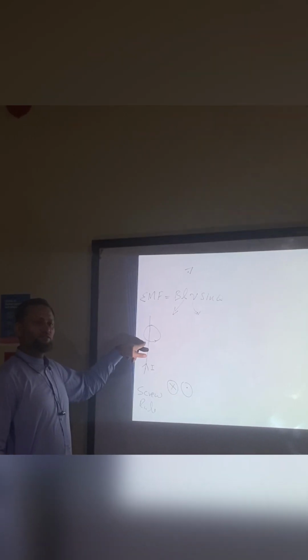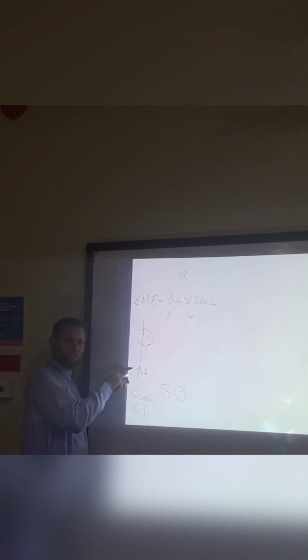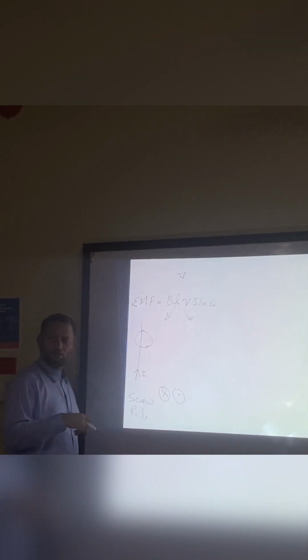With the help of this screw rule we can find the direction of that flux. So whenever we place this conductor in a magnetic field, there will be a force exerted on that conductor.